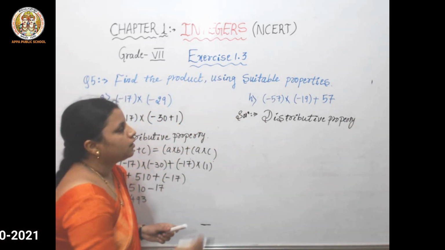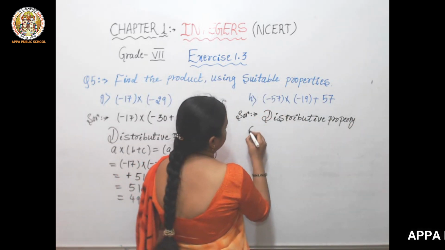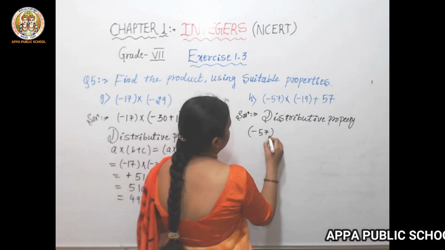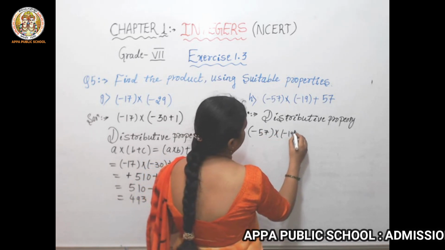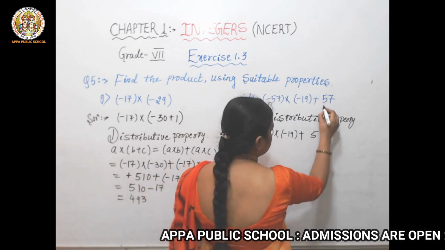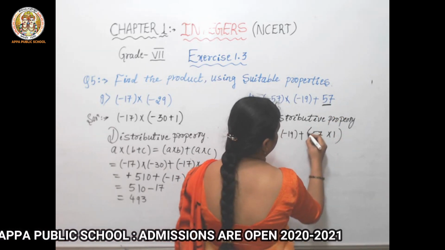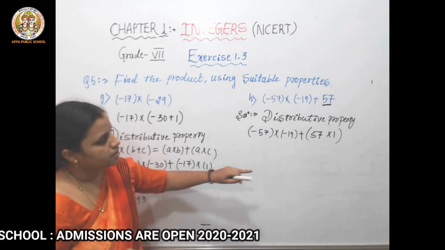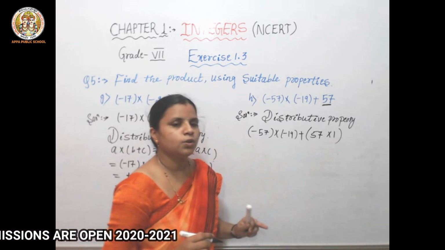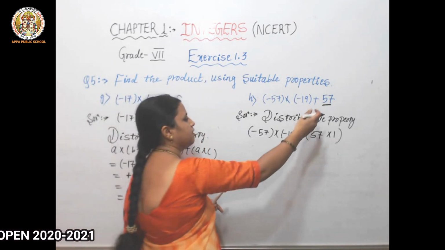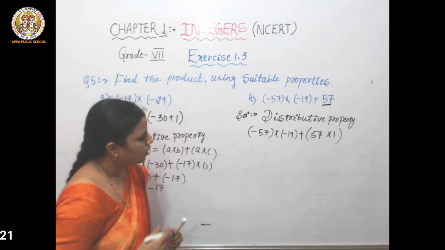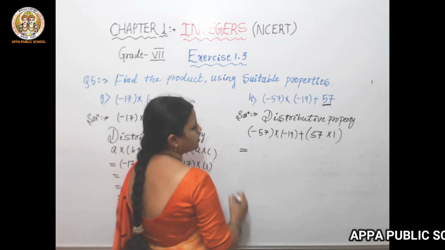Now I will do the adjustment as minus 57 into minus 90 plus, can I write this 57 as 57 into 1? Is 57 written as 57 into 1? That is again once again you will get 57. Now you take 57 as common.